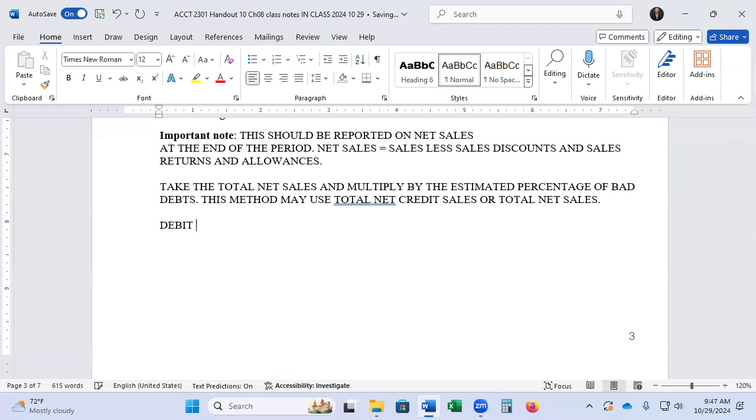And so the entry would be a debit to bad debts expense and a credit to allowance for doubtful accounts.